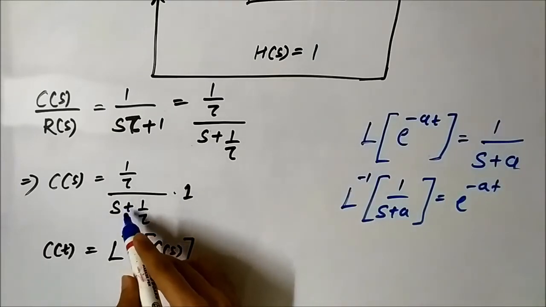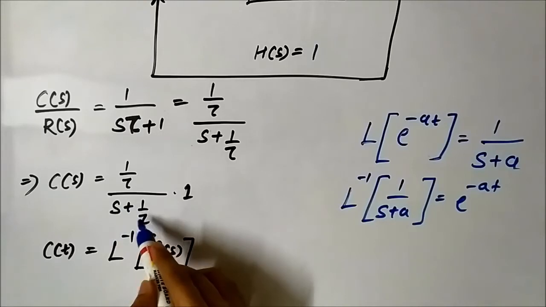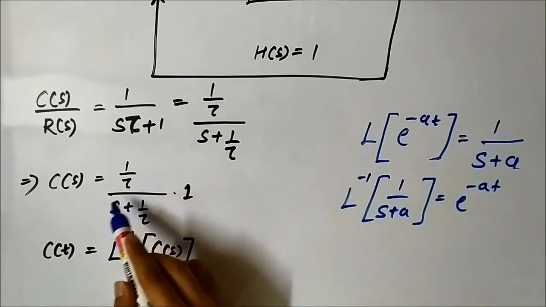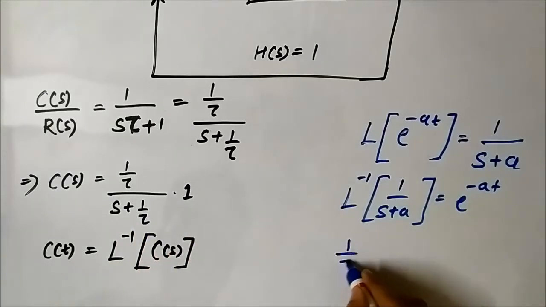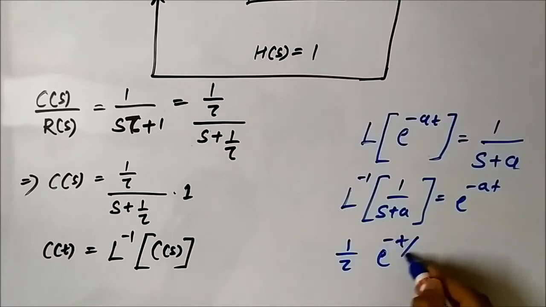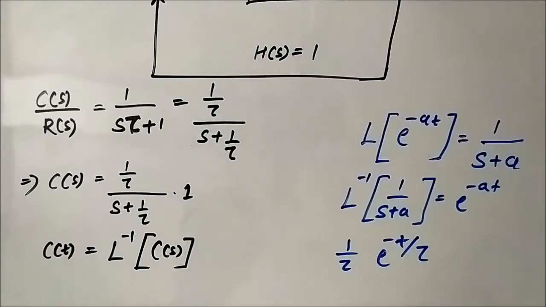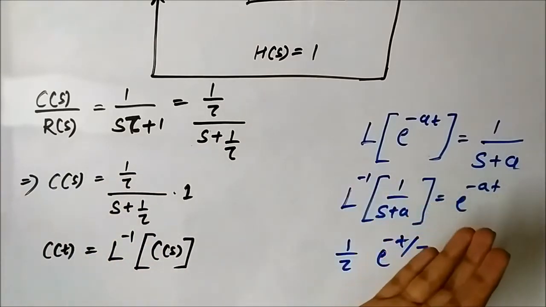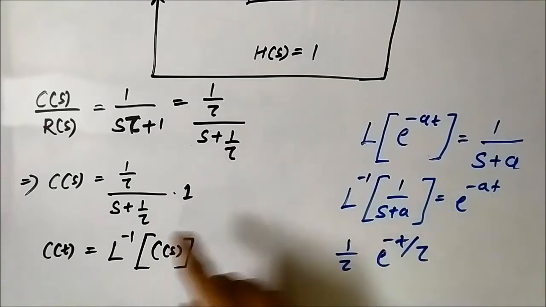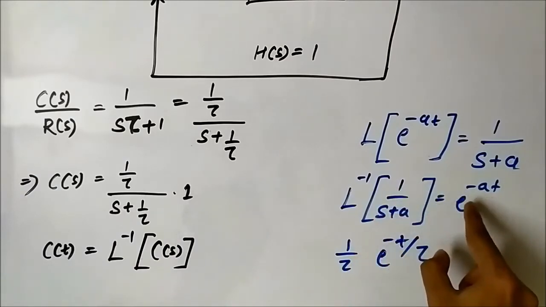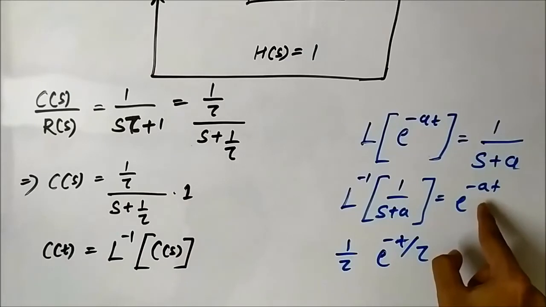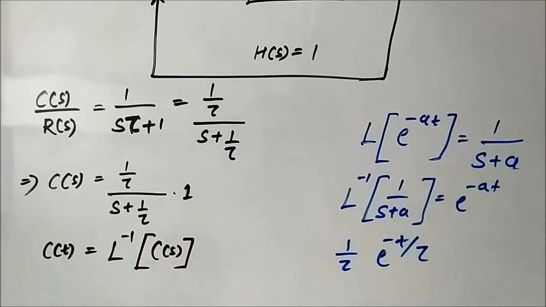So here the Laplace inverse of (1/τ)/(s + 1/τ) will be (1/τ) e^(-t/τ). 1/τ is a constant, it will be kept aside, and the Laplace inverse of 1/(s + 1/τ), according to this formula, will be e^(-t/τ). Here a is 1/τ.